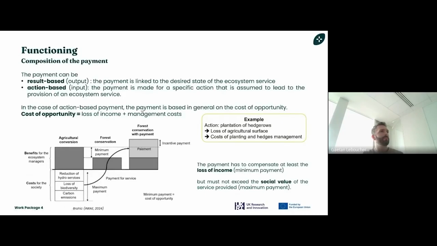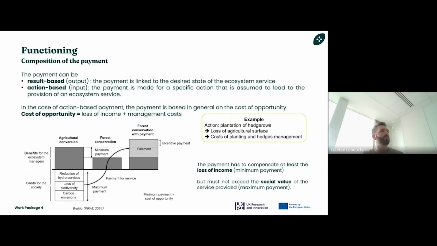On the diagram below, we have an example of a forest that is converted into agricultural land. So in this case, the benefits for the ecosystem managers are bigger than when it is a forest, but there are costs for the local population, for the society, which are the services that are no longer provided by the forest.